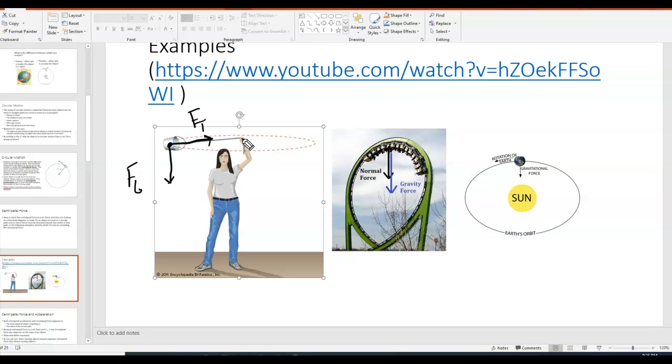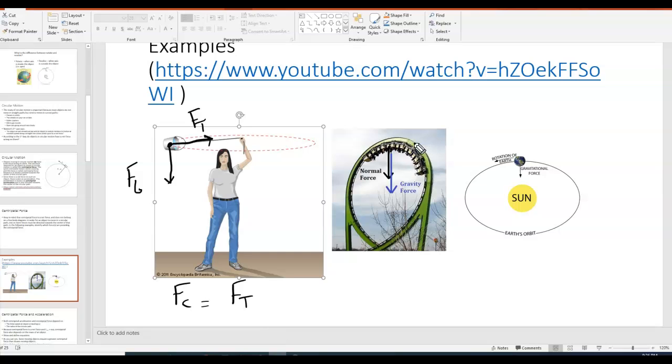The center of the circle is her hand. If I were to ask you what force is providing the centripetal force for this bucket to go in a circle, it would be the force of tension. The centripetal force is provided by the force of tension because that force is pulling the bucket towards the center of the circle.